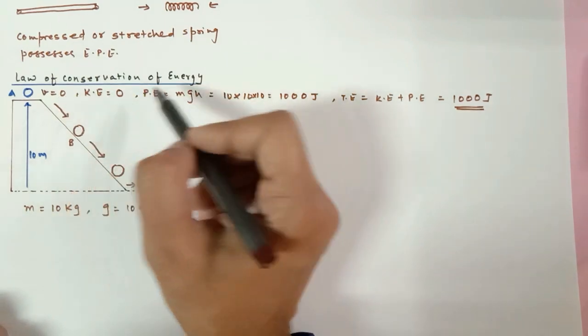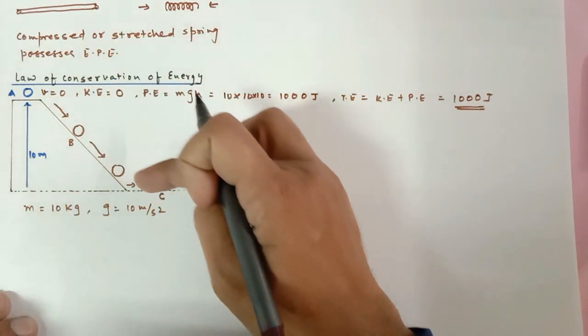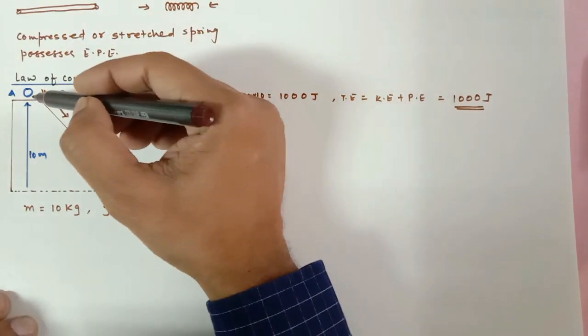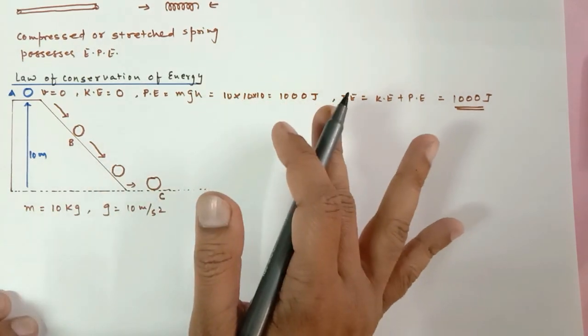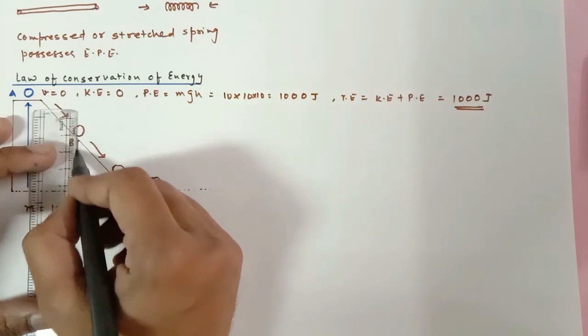Now people, the law of conservation of energy states that if there is no loss of energy, if there is no friction, then the total energy at this point, this point, this point, or this point, wherever, remains the same. So at this point, suppose I give you this height as 5 meter.